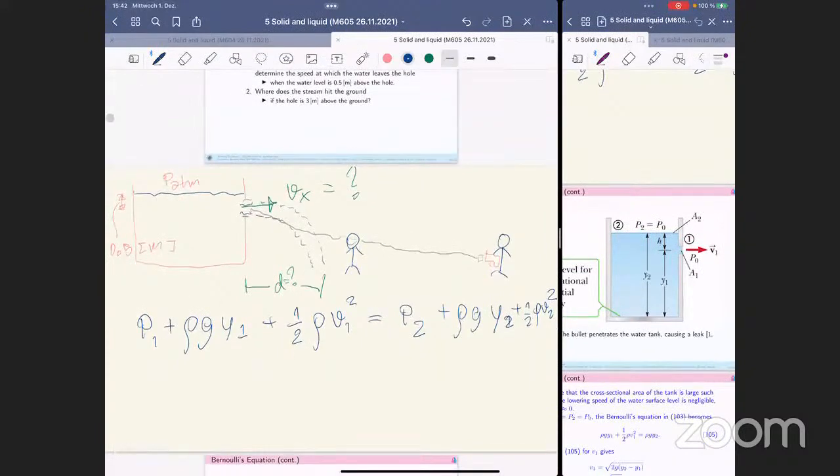We assume that this is located at sea level, so we have almost the same pressure caused by the air.